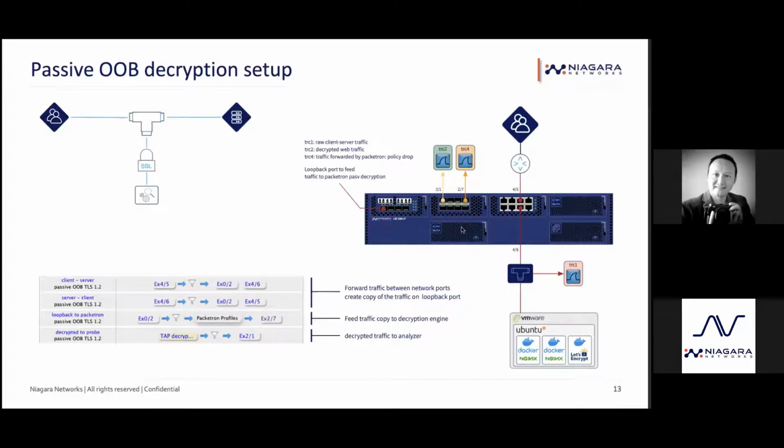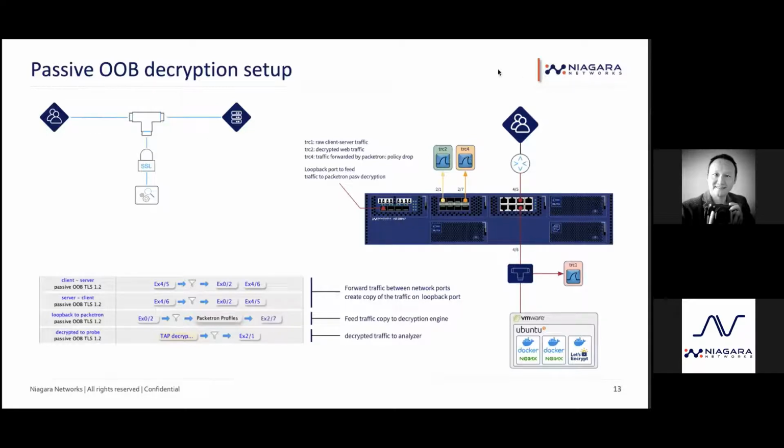So you can see that traffic is going into the packet broker, and that it's real encrypted traffic. The packetron itself creates a kind of virtual port, and we call it a virtual port, which is carrying the decrypted traffic and is sent out to port 21. So port 21 shows the decrypted traffic, and port 27 shows the encrypted traffic that was going to the packetron.